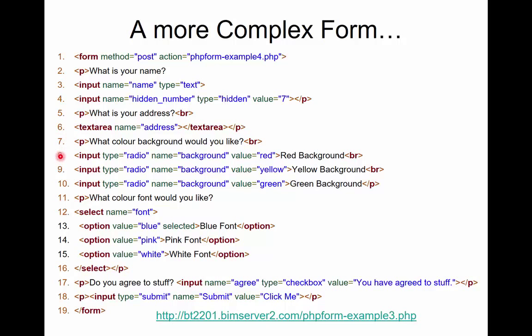Okay, lines 8 to 10. I'll give you 3 lines. Yeah, radio buttons. So they are the ones where you press one, and if you press a second one, the first one pops out again. What's the variable called? That is the value, or one possible value.